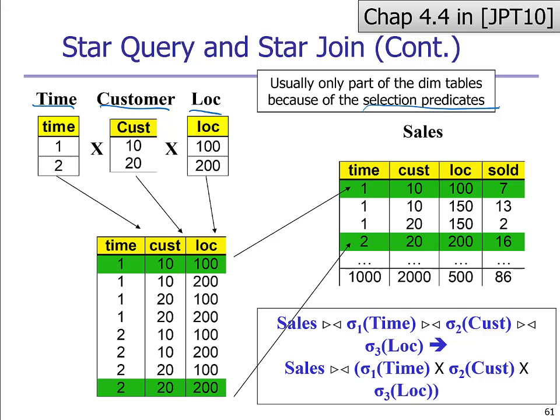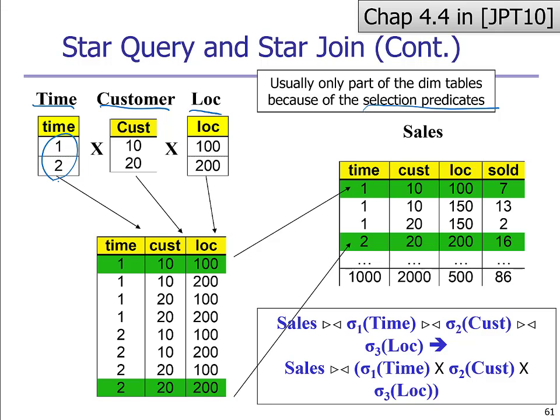For example, we only need to consider the time where the key is 1 and 2, because these are the only ones that are public holidays. It is just an example, to show you the idea.